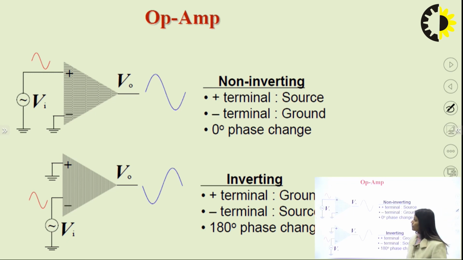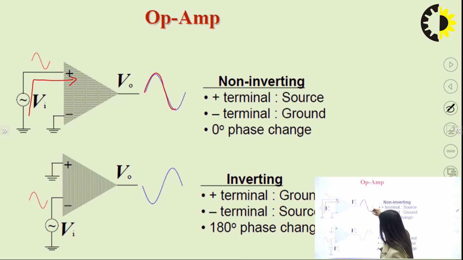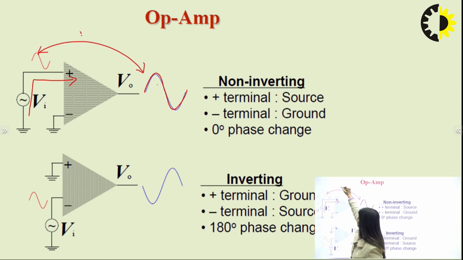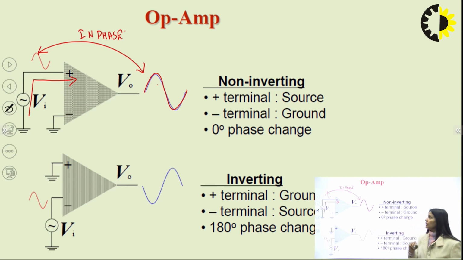Here in the operational amplifier, Vi input is applied at the non-inverting terminal and the output is amplified and in phase with the input signal.